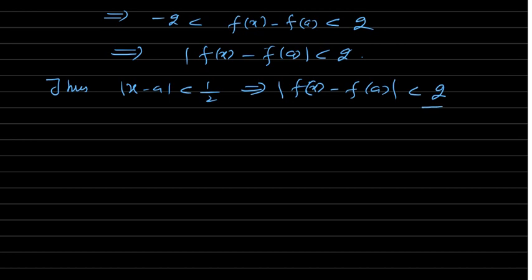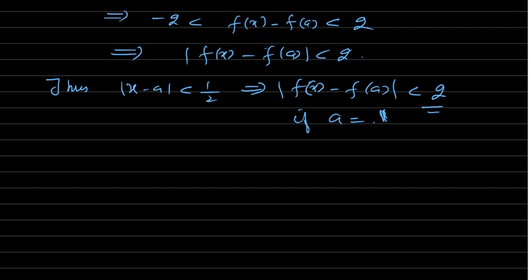So for epsilon equal to 2, I can find delta equal to 1 by 2, such that this holds if a is 1. So at this point a, for epsilon equal to 2, I have a delta. But if I vary this point, if I choose a equal to 2, this doesn't work here.